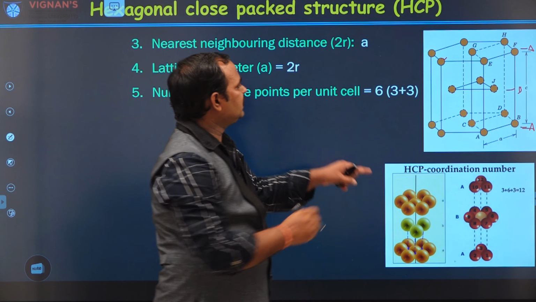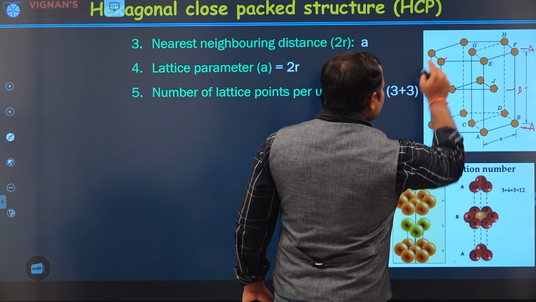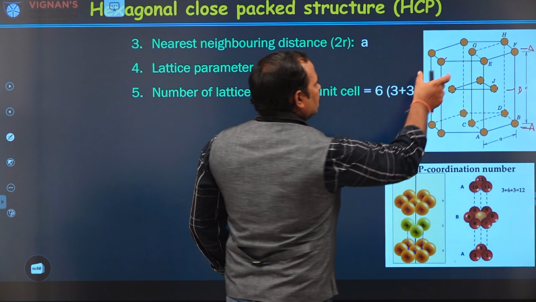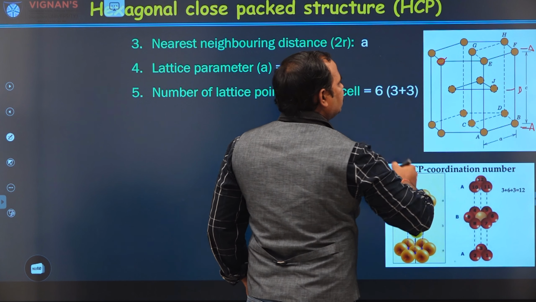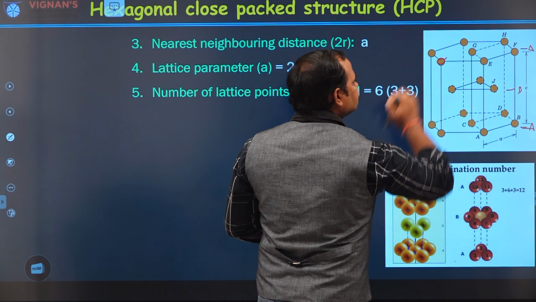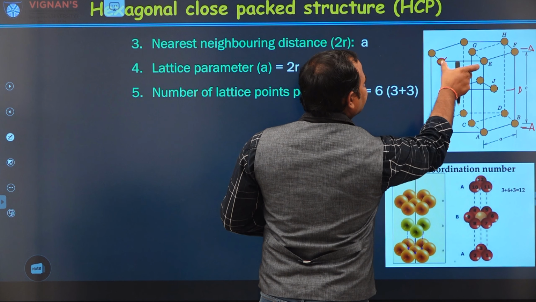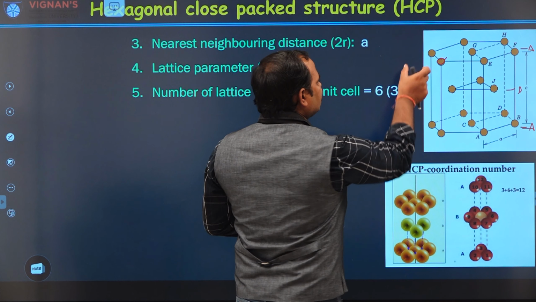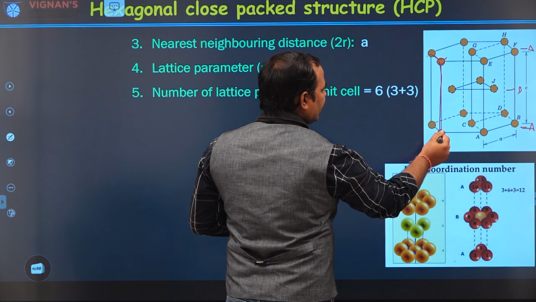The contribution of this atom to this unit cell we are finding out. Imagine we keep this atom in contact with this hexagonal unit cell. We can place one more hexagon in this direction, another hexagon in this direction. That means with this face we can attach one more hexagon.